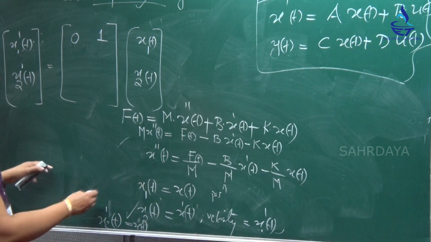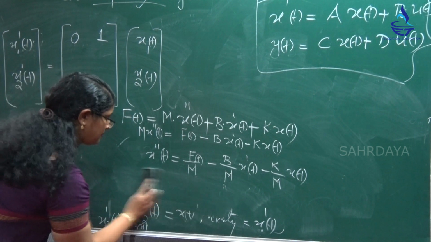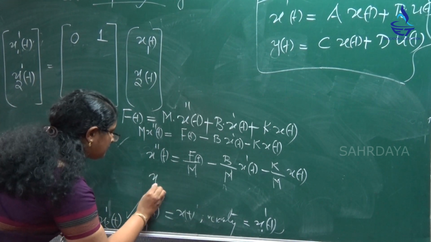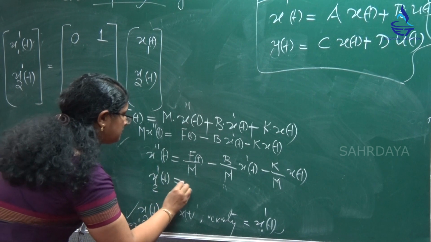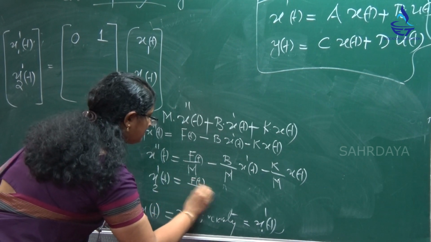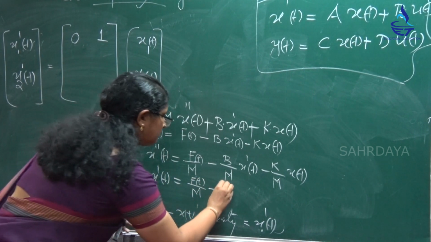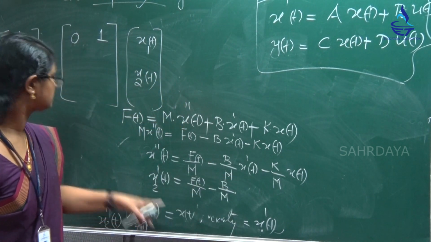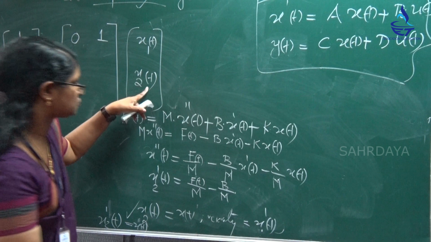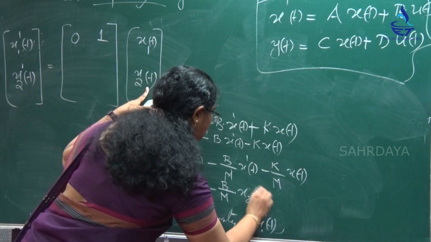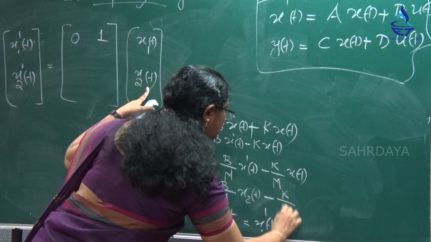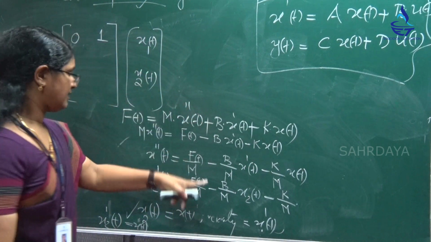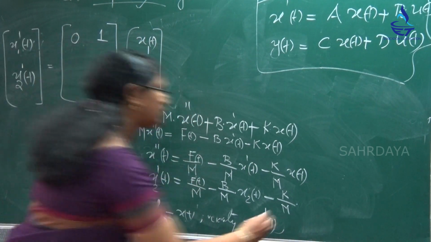I can rewrite x2 dash of t is equal to f of t by m minus b by m into x dash of t. And what was x dash of t? x dash of t was x2 of t. So minus b by m x2 of t, minus k by m into x of t, which was our x1 of t.